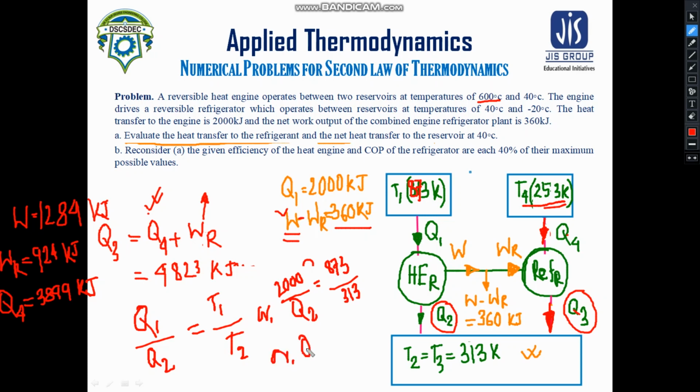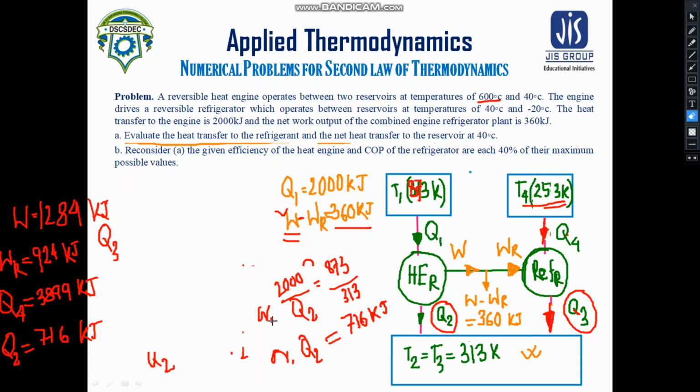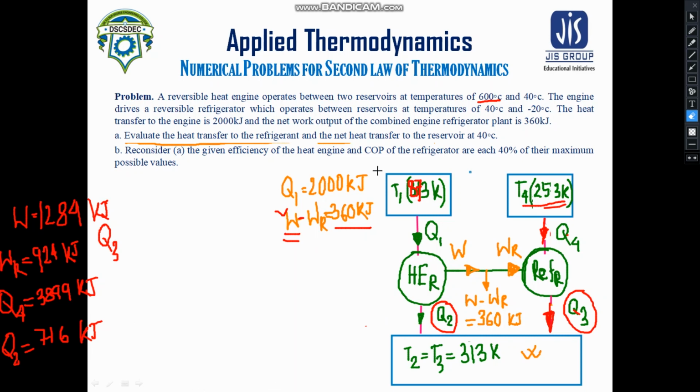So ultimately you will get the value of Q2 as 716 kilojoules. Let us write it here. So Q2 becomes 716 kilojoules, right? Now the question was to find the net heat transfer to the reservoir at 40 degrees Celsius.